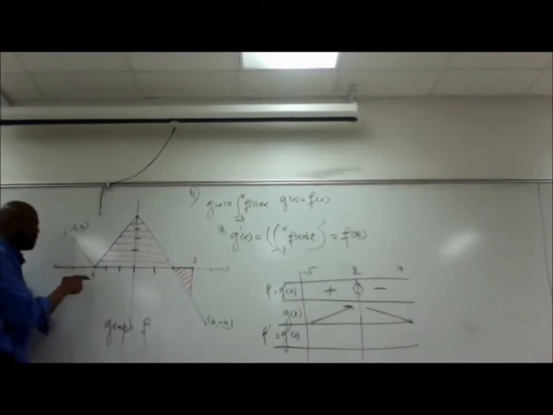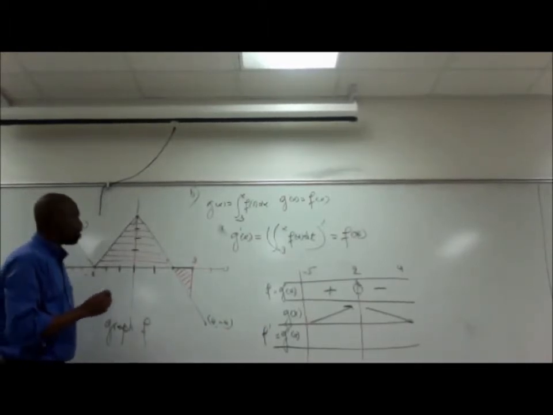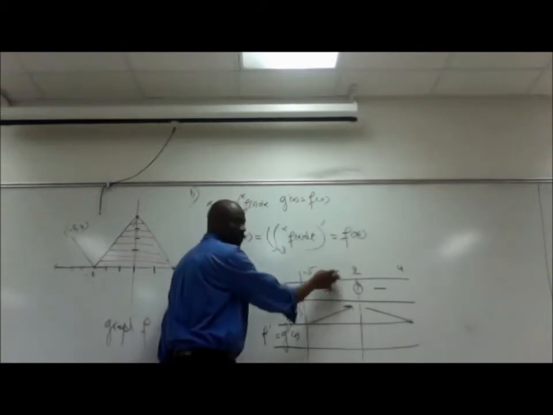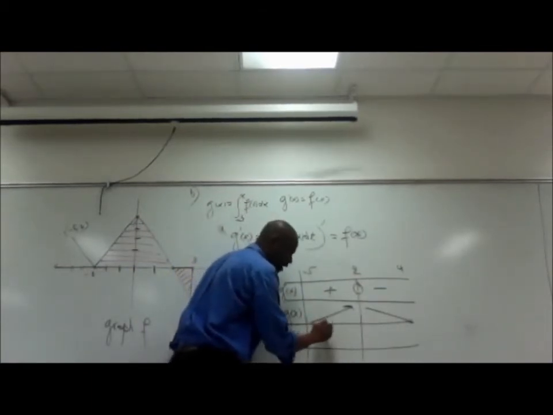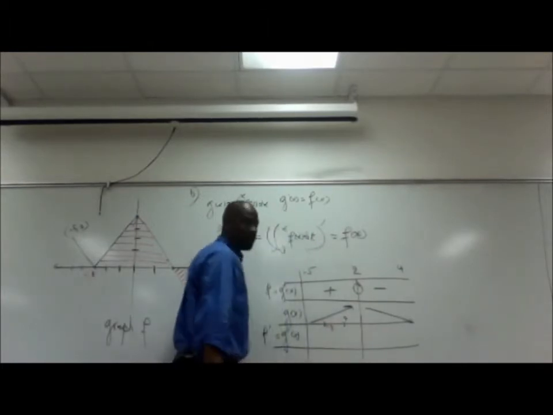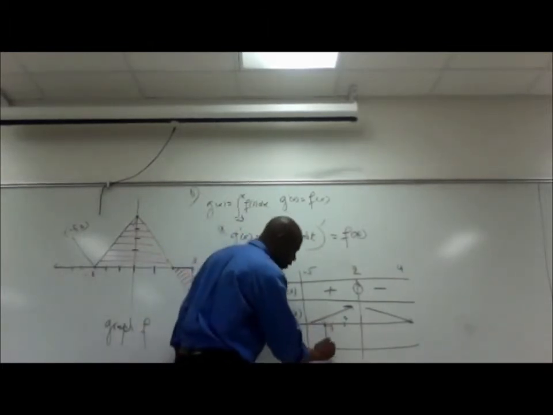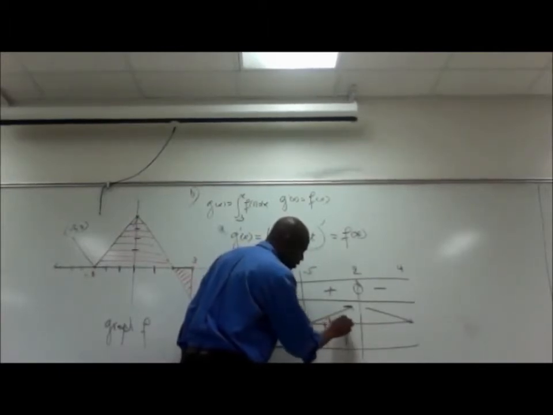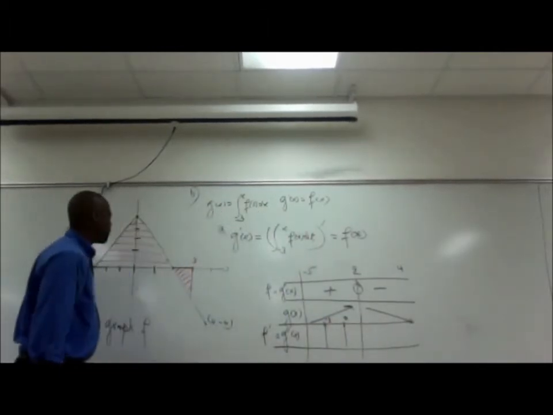The local minimum is at -3, and the local maximum is at 0, all of that before the 2. Right here, -3, and then 0. So I put a small line here, -3 and 0.